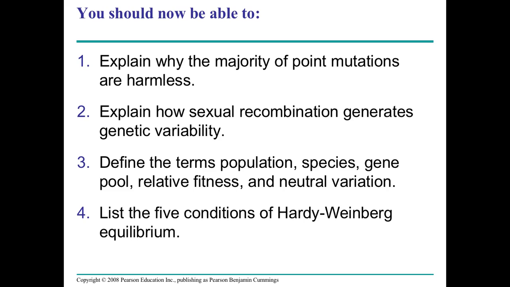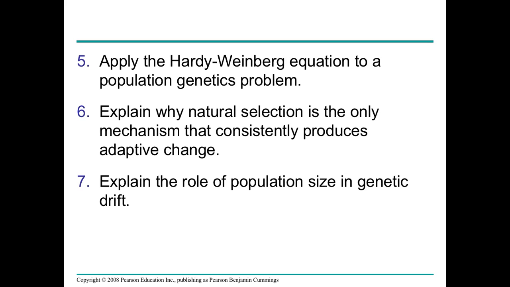You have to know about Hardy-Weinberg equilibrium, and it is important that you know the 5 conditions of organisms being in equilibrium. You have to be able to do this equation, and like I said, I will post some more example videos. And you have to explain why natural selection is the only mechanism that consistently produces adaptive change.